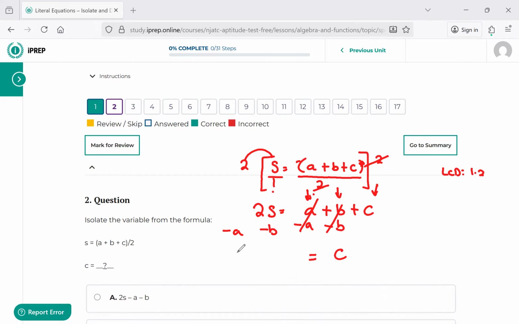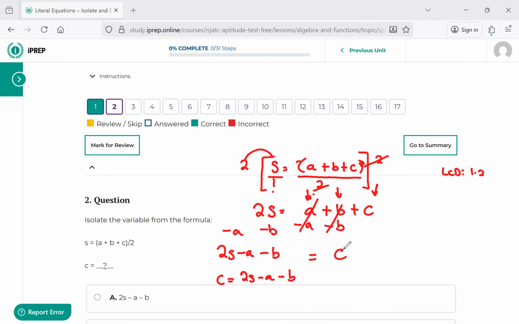And on the left, you have 2S minus A minus B. Note, you can't combine these at all, because they're different letters. Don't be confused if you see the C on the right, that's the same thing as C. You can rewrite that as C equals 2S minus A minus B, because of some kind of property, I think it's the commutative property.